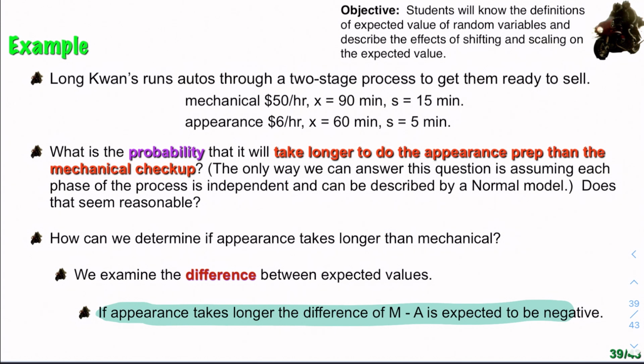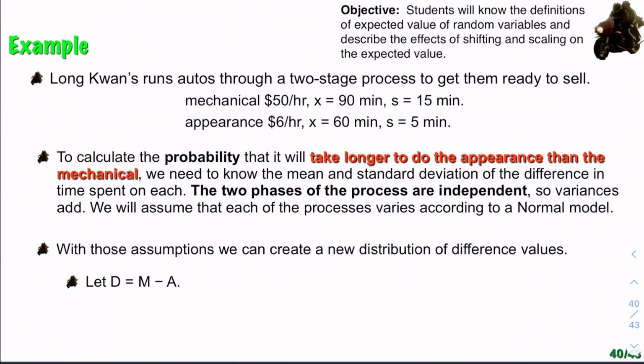So we're going to subtract those two expected values. To calculate the probability that it will take longer to do the appearance than mechanical work, we need to know the mean and standard deviation of the difference in time spent on each, which we know.